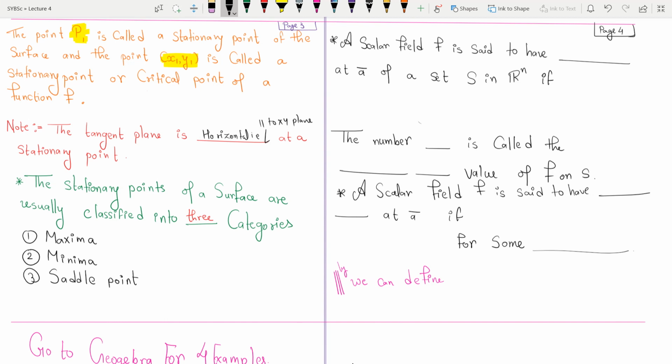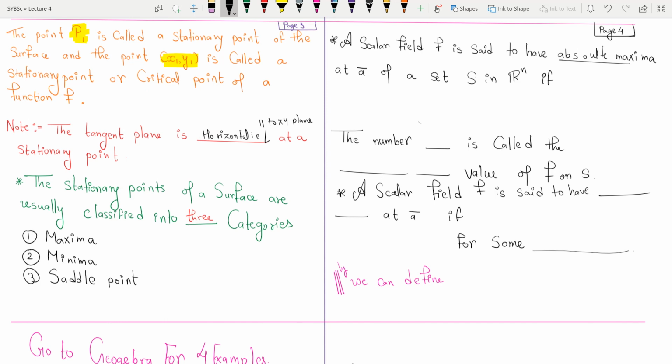But let me define the word maxima in the scalar field. Okay, so a scalar field f is said to have an absolute maximum at a bar of a set S in Rn.